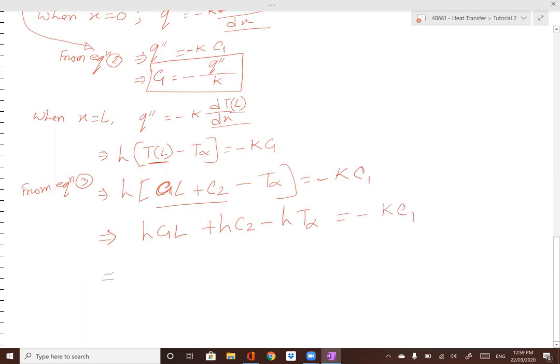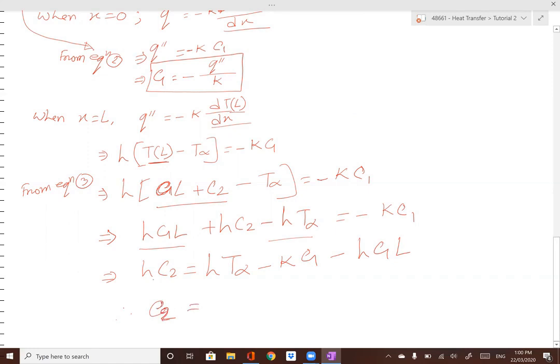So we'll find C2. We keep h C2 on the left-hand side and bring the remaining part to the right-hand side. So h C2 equal to h T alpha, which changes side and becomes positive, minus k C1, and minus h C1 L. Now we can write C2.